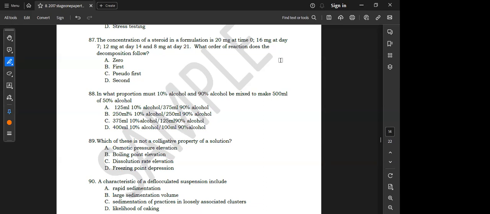The concentration of the reactant is not dependent on the elimination. So 0, Shrina, we can go with 0.